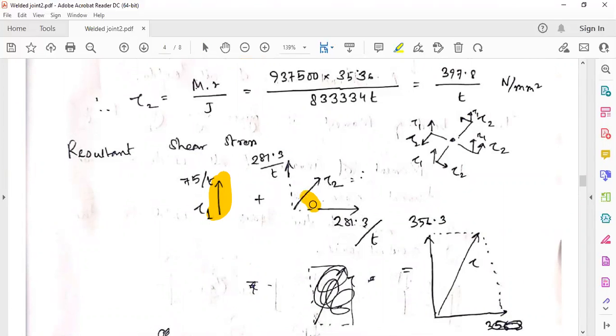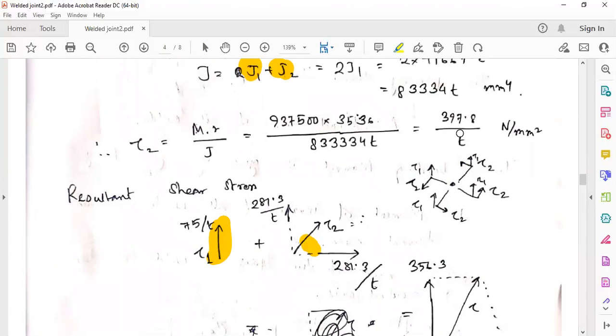This is 45 degrees. So 397.8 by t into cos 45, if you do that, then you will get 281.3. Here also this is 397.8 by t into sine 45, you will get the same because cos 45 and sine 45 are both 1 by root 2. So you'll get these two values. We have resolved it.